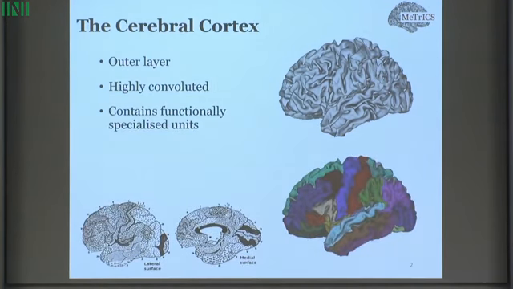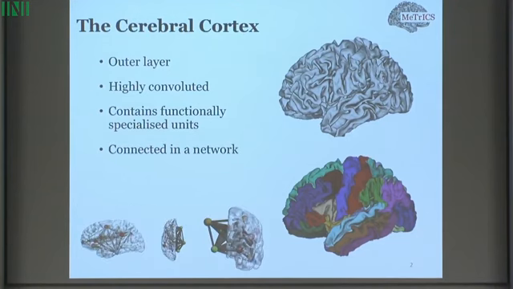We know since the advent of cytoarchitectural mapping that it can be subdivided into a number of functionally specialized regions. We don't know exactly how many of these regions there are due to the complexity of the brain, but we know that they can be characterized by unique patterns of cellular organization and neural connectivity.